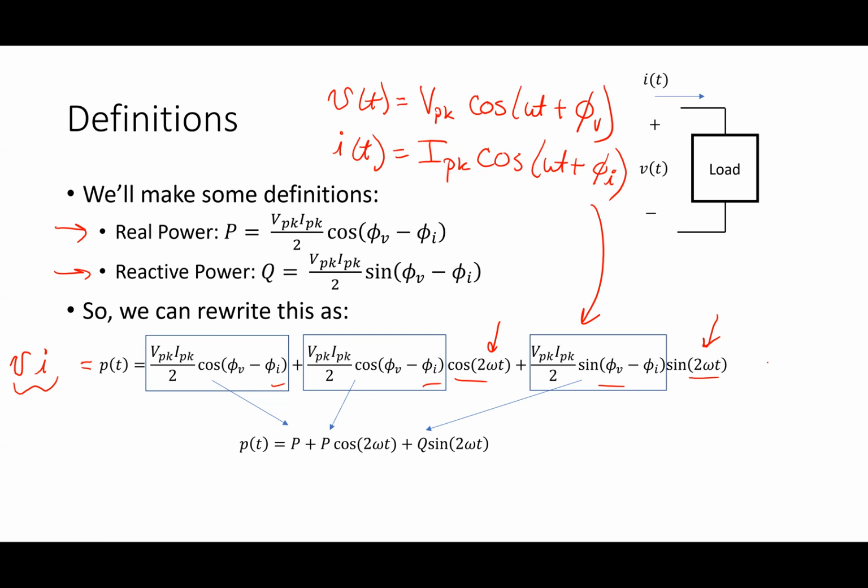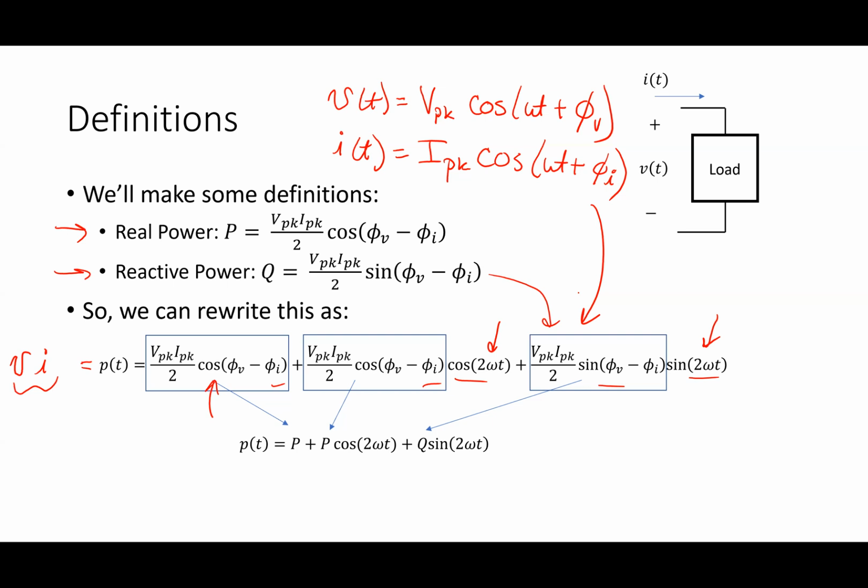This is the average value, and we call that real power or active power, P. And then we have this other term that we just define, this coefficient that we call reactive power. We define it that way.